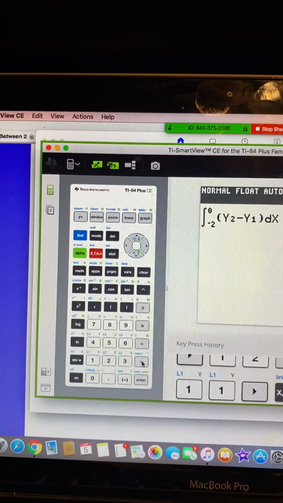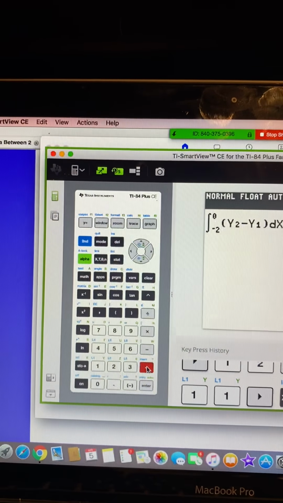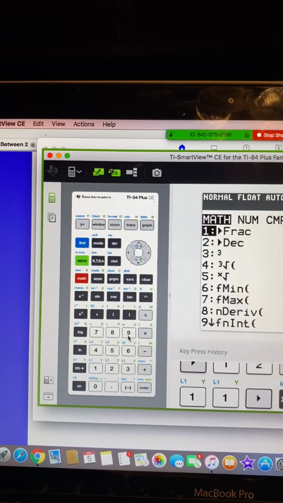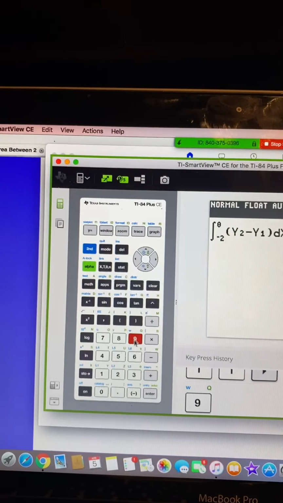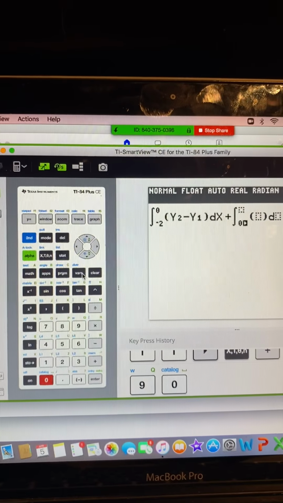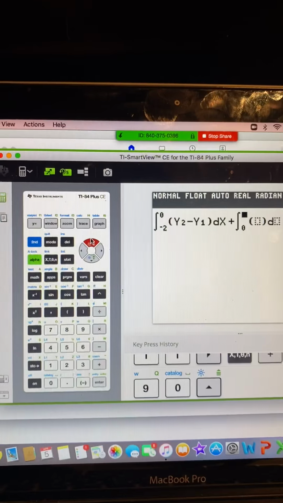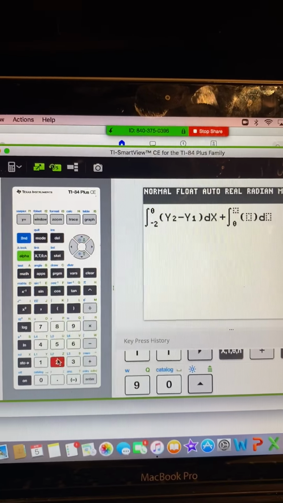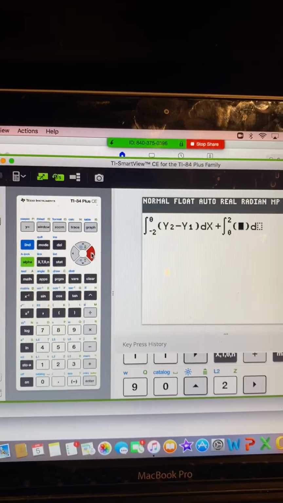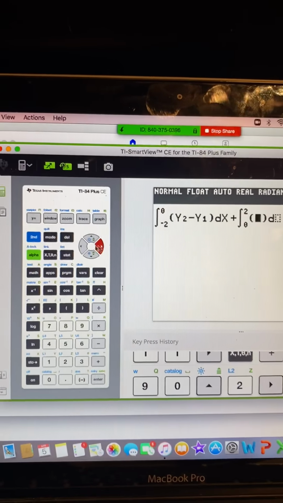Now we're going to add the integral to that, math 9, from 0 to 2 of, this time it's y1 minus y2.